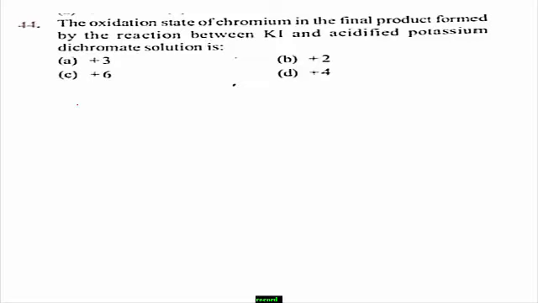First I write the required reaction here according to the question. Here first I take potassium dichromate, that is K2Cr2O7. When it reacts with acidified potassium dichromate, I take 7H2SO4 plus 6 KI, balanced reaction directly.